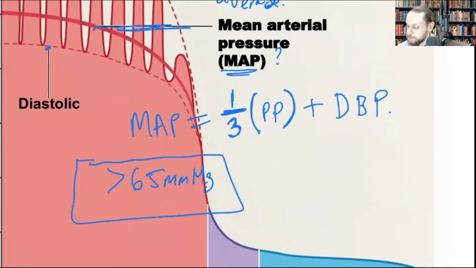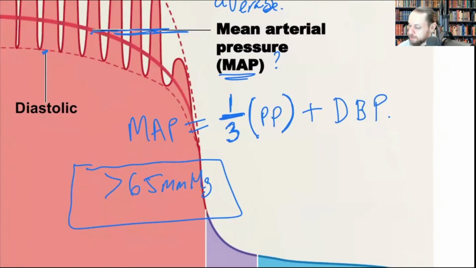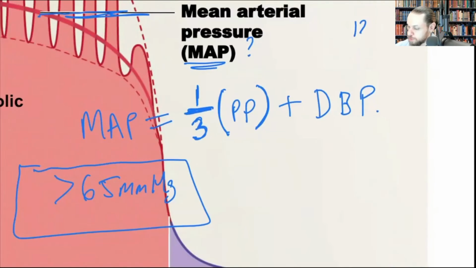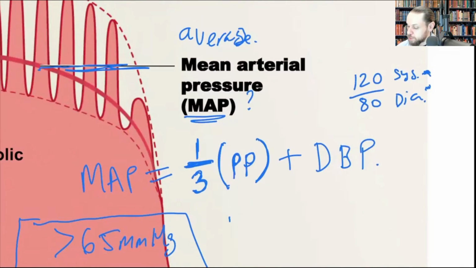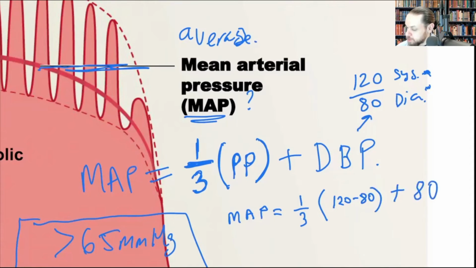Now, how are you going to calculate it? Let's use 120 over 80. 120 is the systolic, 80 is the diastolic. Pulse pressure means systolic minus diastolic. That's your pulse pressure. So the way we write this formula, and you can use your calculators: MAP equals 1/3 times (120 minus 80) plus the diastolic pressure, plus 80.